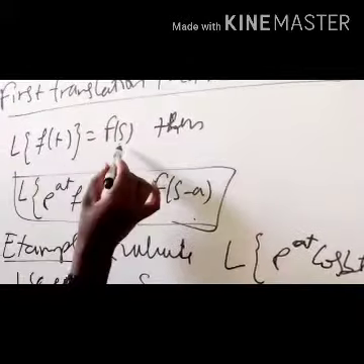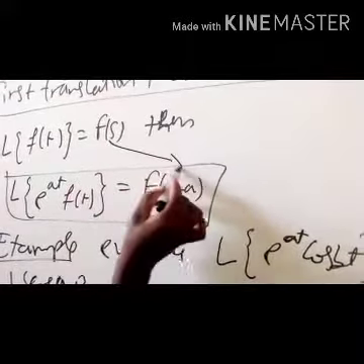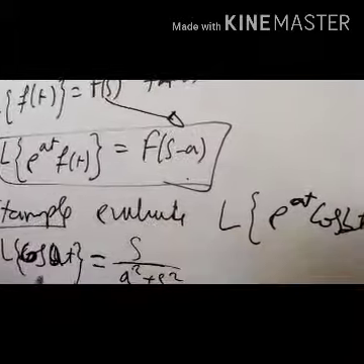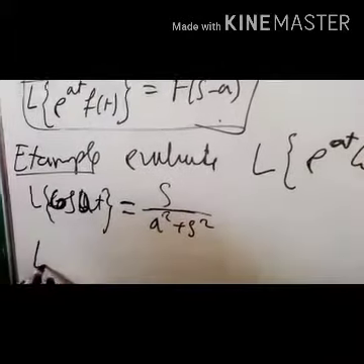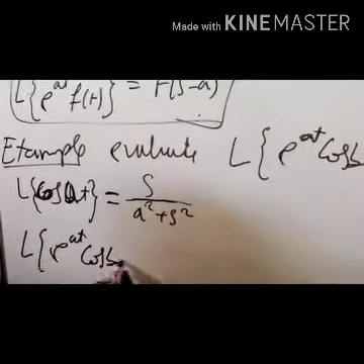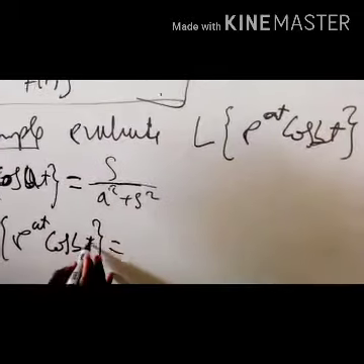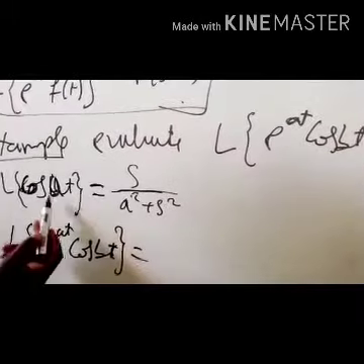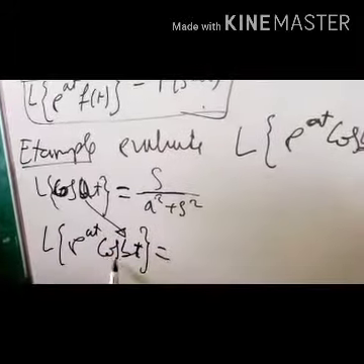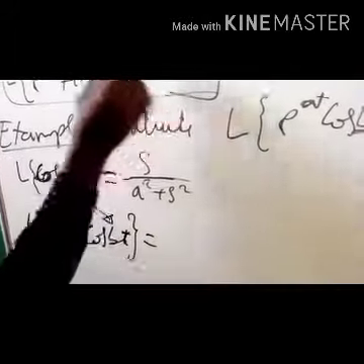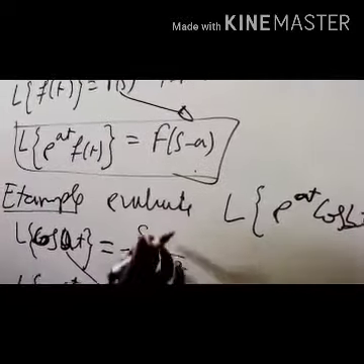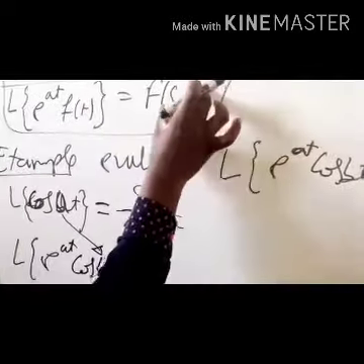For the solution, if you have s, you will replace it with s − a. So the Laplace transform of e^(at) cosine of bt: a must be transferred to b, because this is cosine of bt, and s will be transferred to s − a.